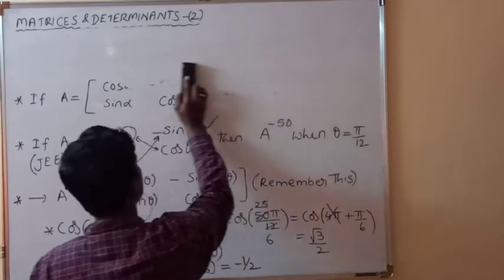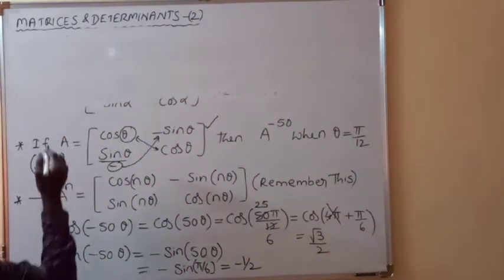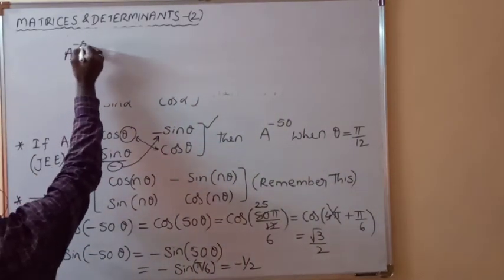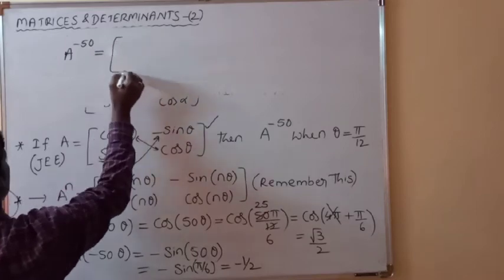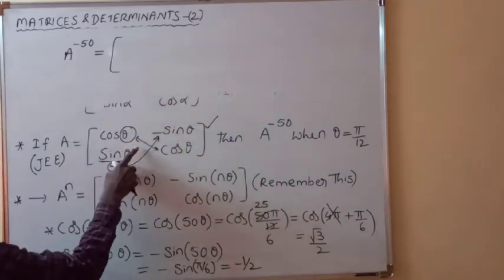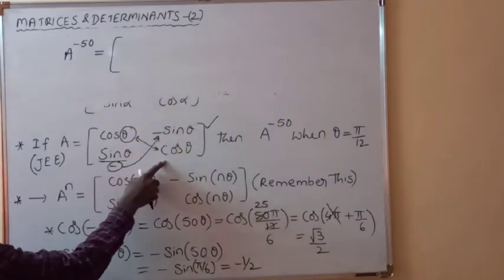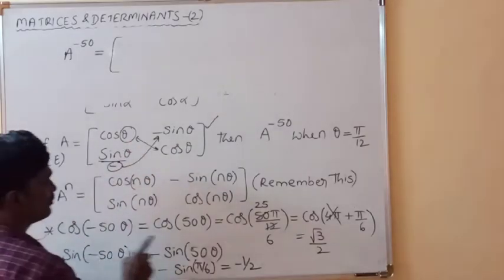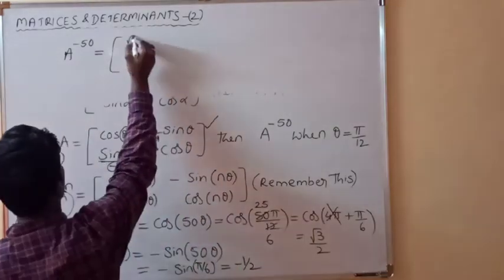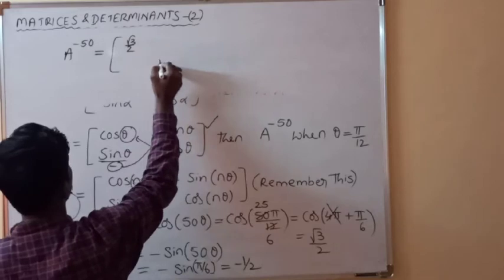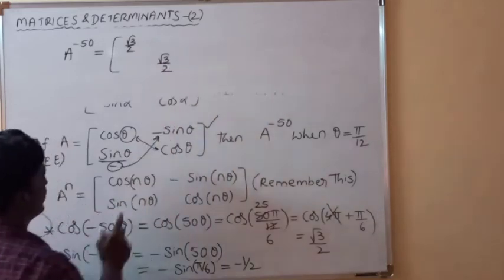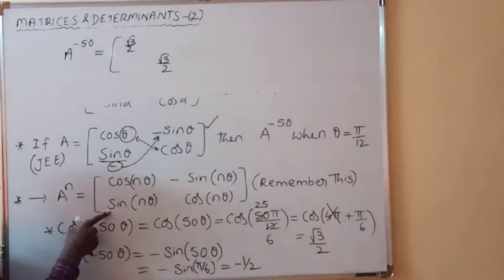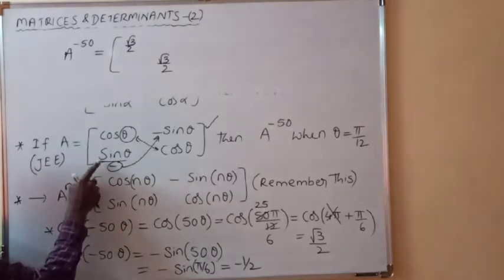Thus, what are the elements in A power minus 50? A power minus 50 is equal to what you will get? These two elements must be cos of minus 50 theta. What is cos of minus 50 theta? Root 3 by 2. So these two elements are root 3 by 2. And this position element is sin of minus 50 theta.